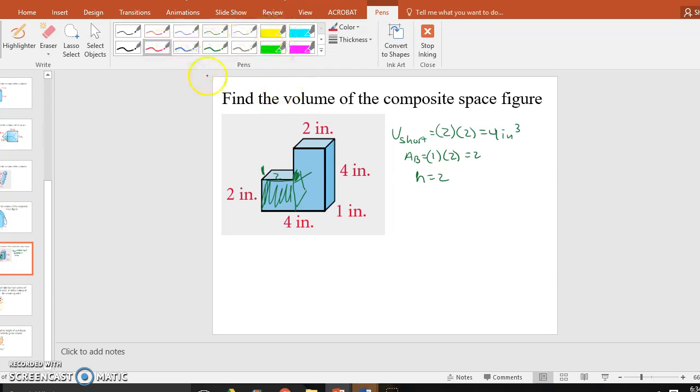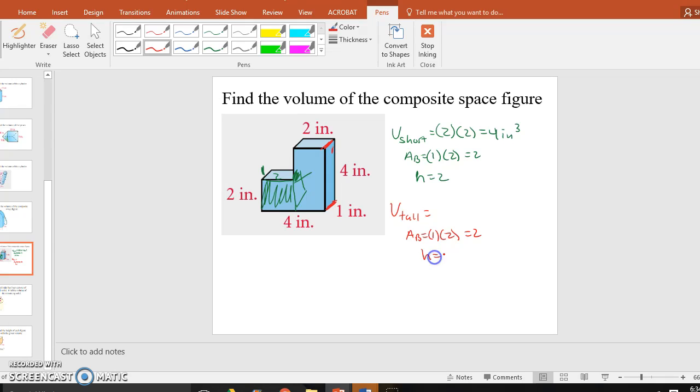Now, the volume of the tall one. I know the base is 1 by 2, so the area of the base for that one is 1 times 2, which is 2.